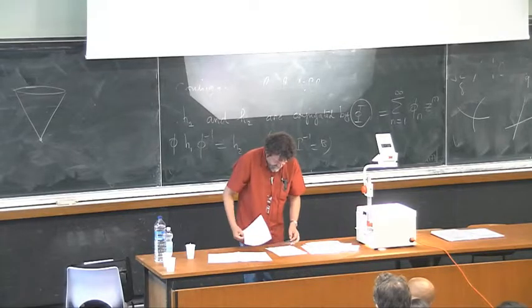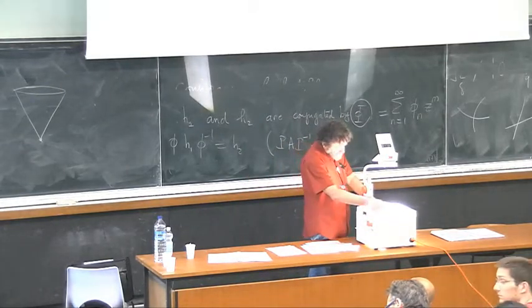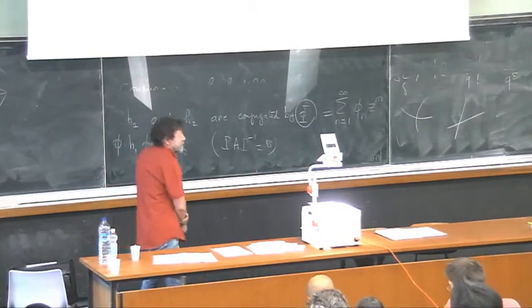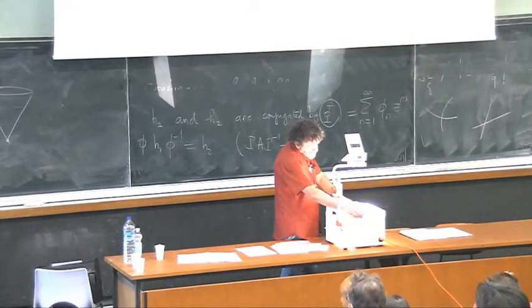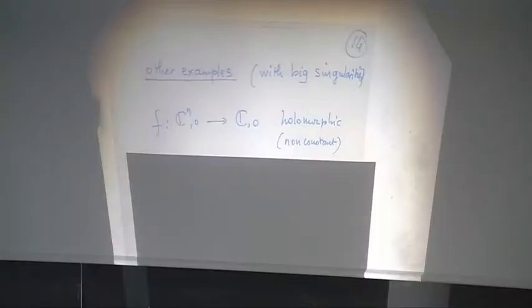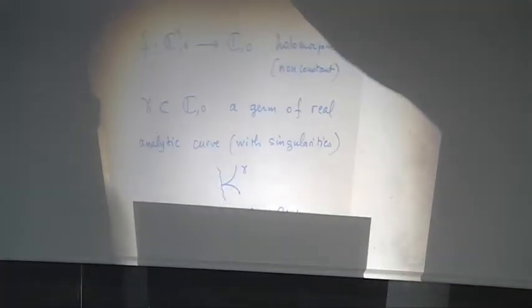So I give other examples, other constructions which are a little bit obvious, but which give examples with very big singularities. You take a holomorphic function, a germ, and in the target in C you consider a real analytic curve with singularities, maybe a cusp and a line, like you want.